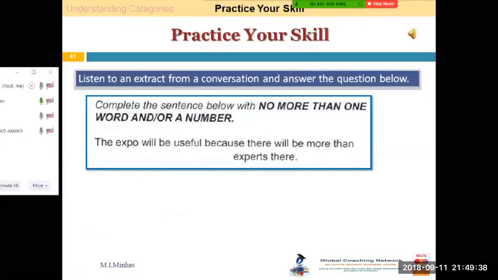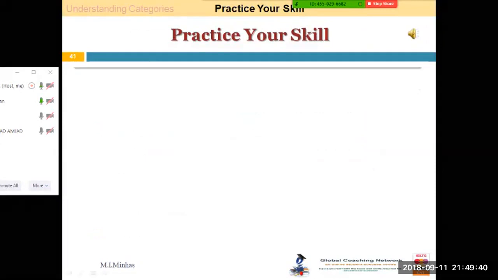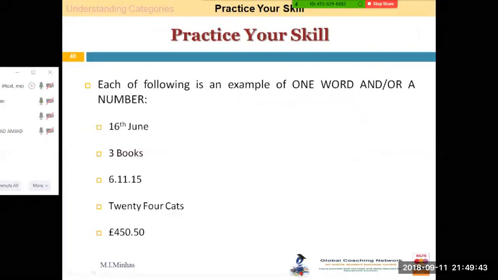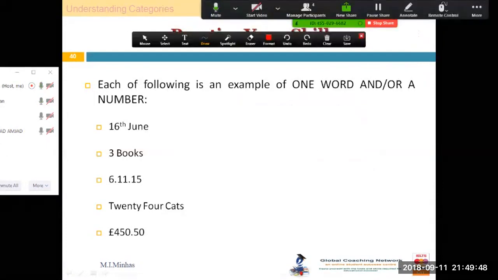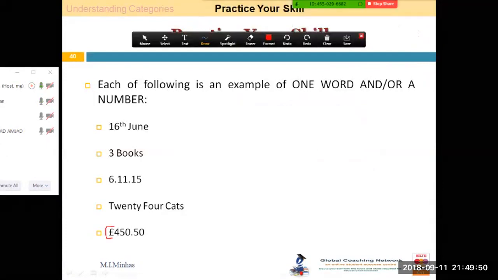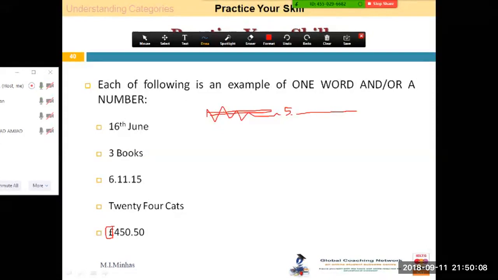Now what about the last one? I told you yesterday, if you remember, if the unit is already present there, let me explain this further. Let's say this is a statement written for you, and here is question number 5, where it says the cost of the bus ticket, and then there is a blank. If there's no unit mentioned, obviously you have to write the unit.